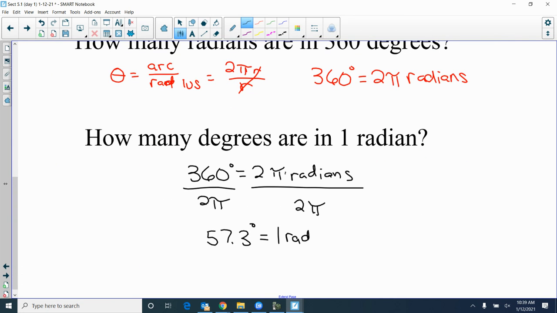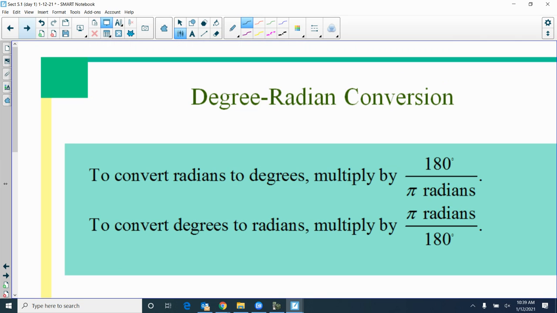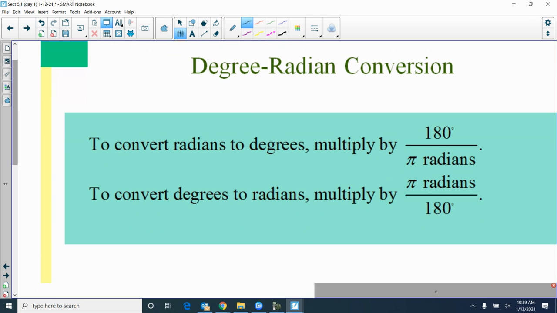All right, now converting between degrees and radians. That's going to be a big thing here. You're going to be more familiar with degrees, so a lot of times you mentally use degrees, but your answer needs to be written in radians. The better you can become with radians, the easier this whole chapter will be. Force yourself to use radians when they ask you to.